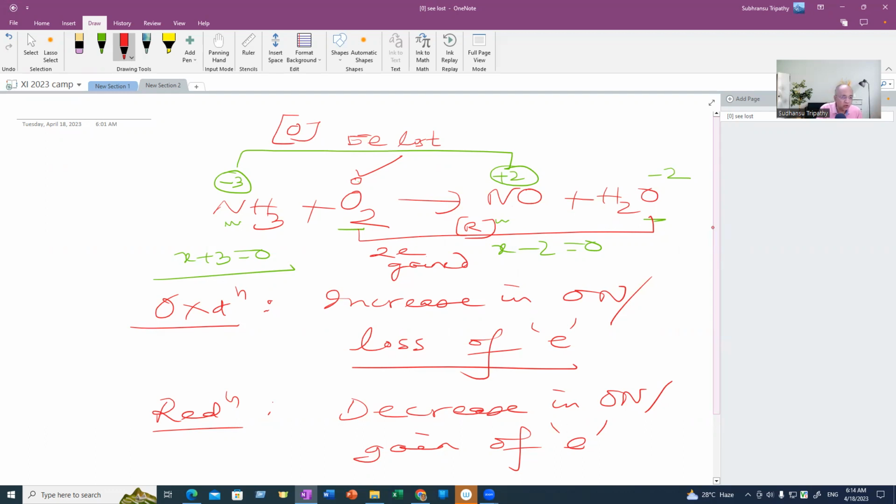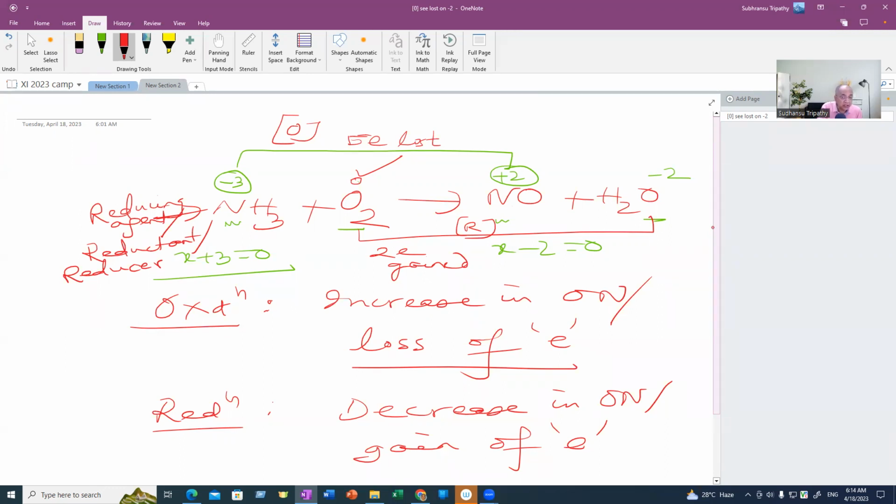And the one which is oxidized is called the reductant or reducing agent, or the reducer, because that is responsible to reduce oxygen. That is why it is called reducing agent, but itself is oxidized.